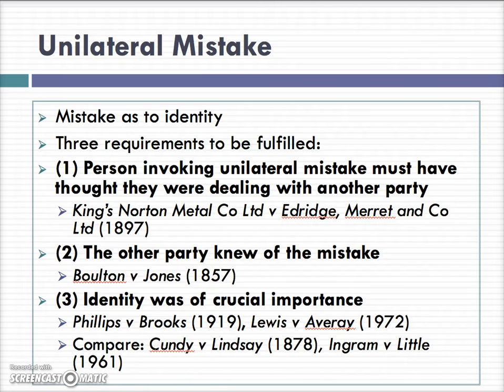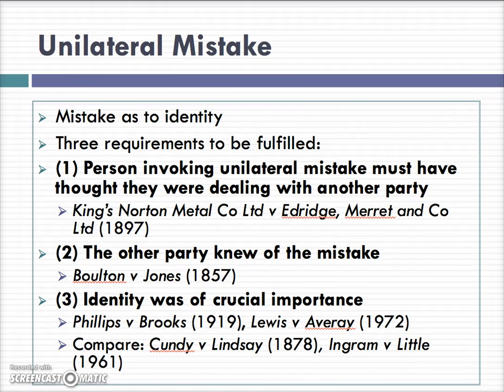Very often, unilateral mistakes involve mistakes as to identity. In order to set aside a contract due to mistake as to identity, 3 requirements need to be fulfilled. First, the person invoking unilateral mistake must have thought they were dealing with another party. A good case to illustrate this is Kings Norton and Edridge Merritt.